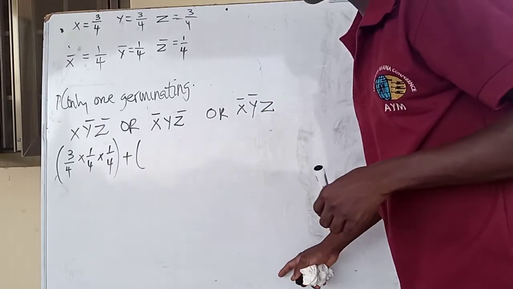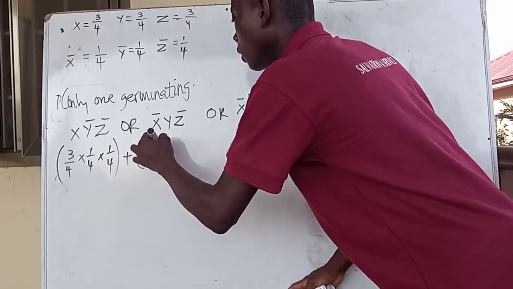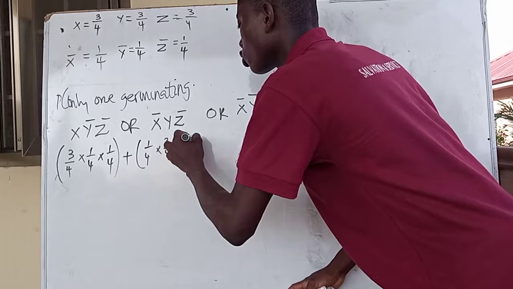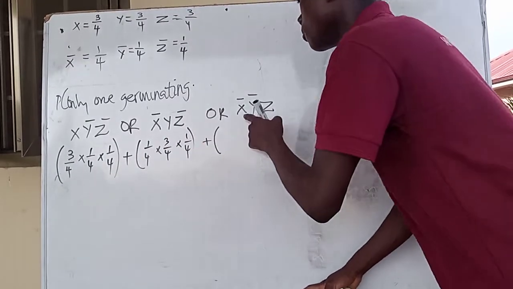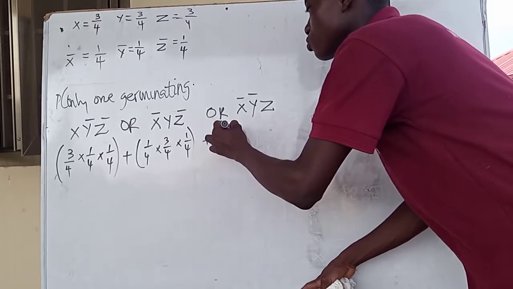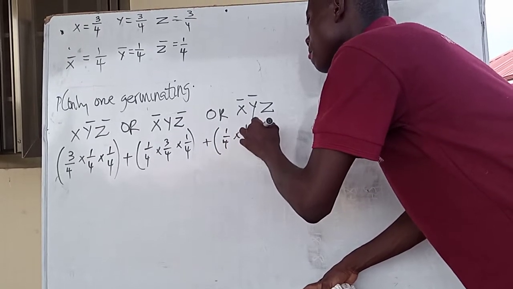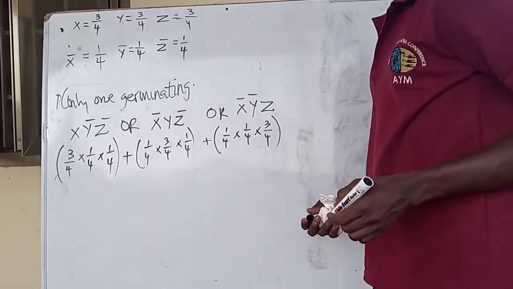X will not germinate is 1/4, Y will germinate is 3/4, and Z will not germinate is 1/4. The last one: X will not germinate is 1/4, Y will not germinate is 1/4, Z will germinate is 3/4. So we are done.